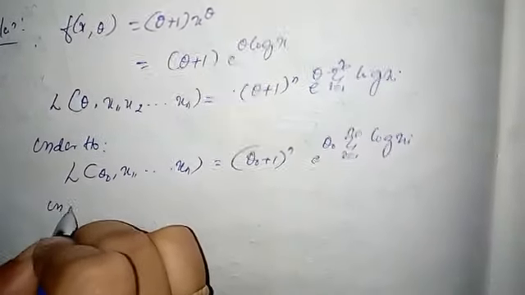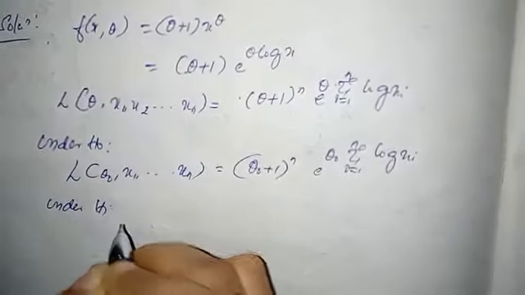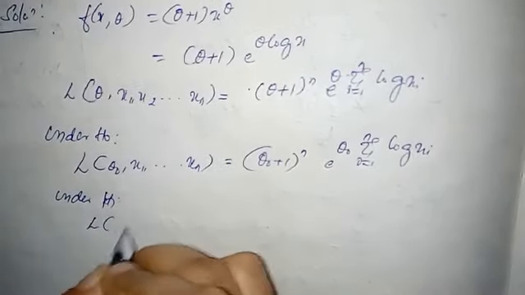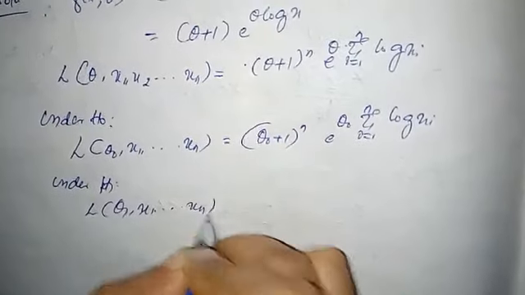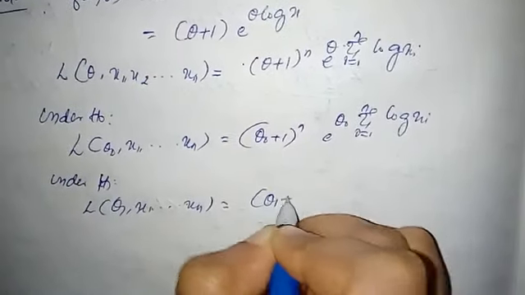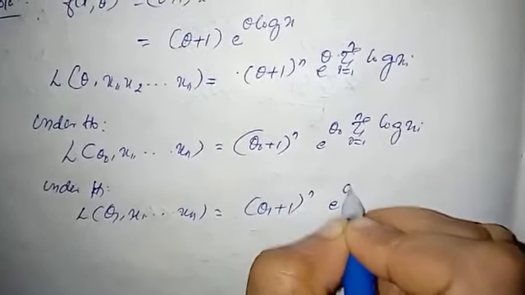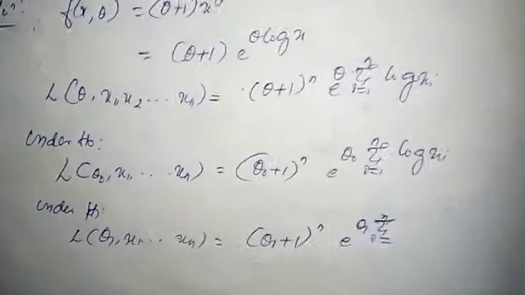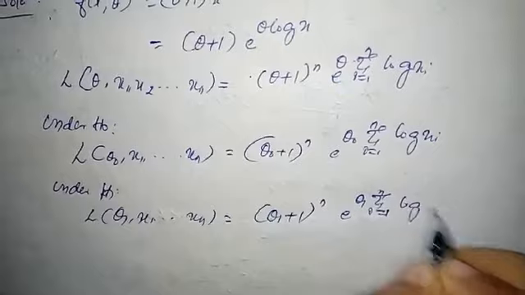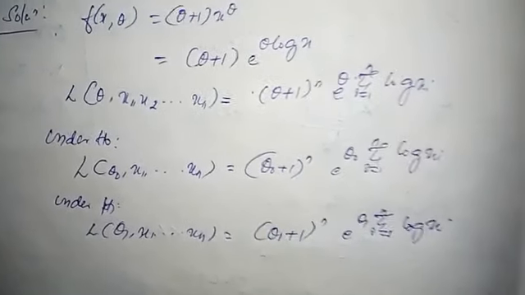Then under H1, the likelihood is (θ1 + 1)^n e^(θ1 Σ_{i=1}^n log xi).